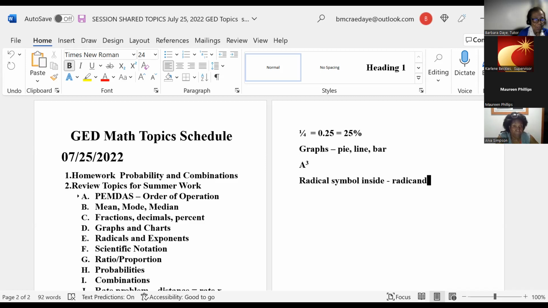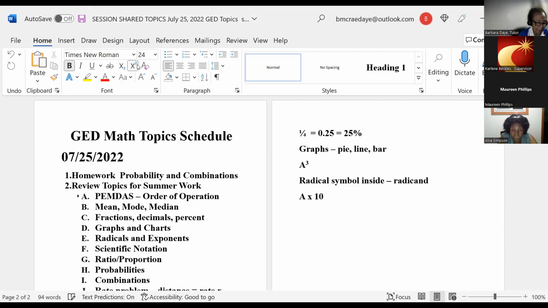What's scientific notation? Give me an example, Alva. It has two parts. I'll put it in as a general format: A times 10 to a power.